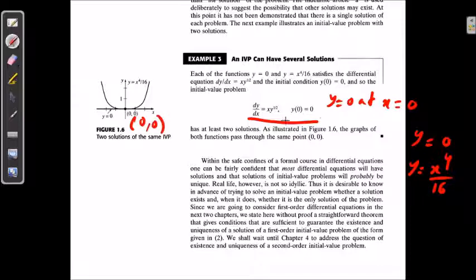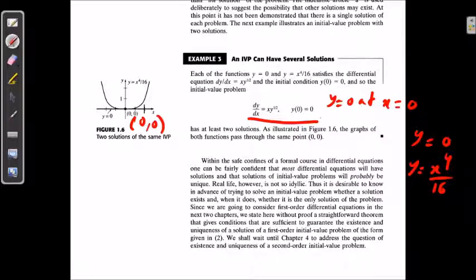So here we cannot define any unique solution for this differential equation. The solution y equal to x⁴/16 is represented by this curve, and y equal to 0 is represented by this black solid line.